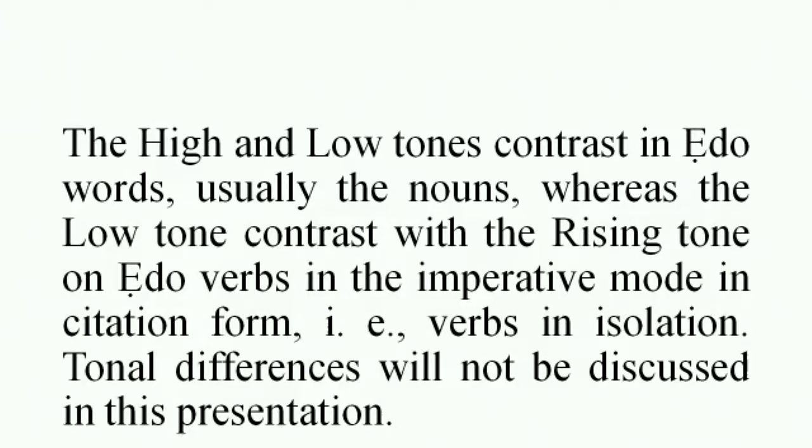The high and low tones contrast, usually on the noun, whereas the low tone contrasts with the rising tone on verbs in the imperative mode, in citation form, that is, verbs in isolation. Tonal differences will not be discussed at this stage of the presentation.